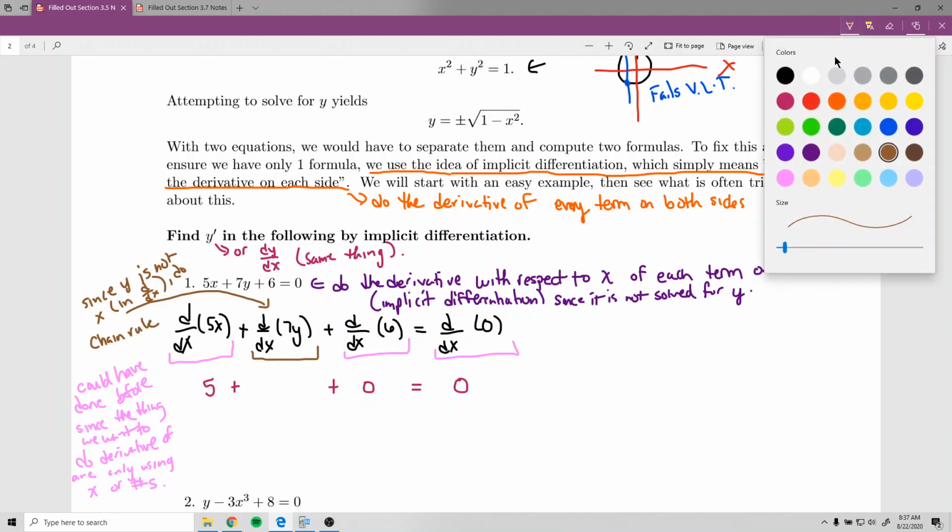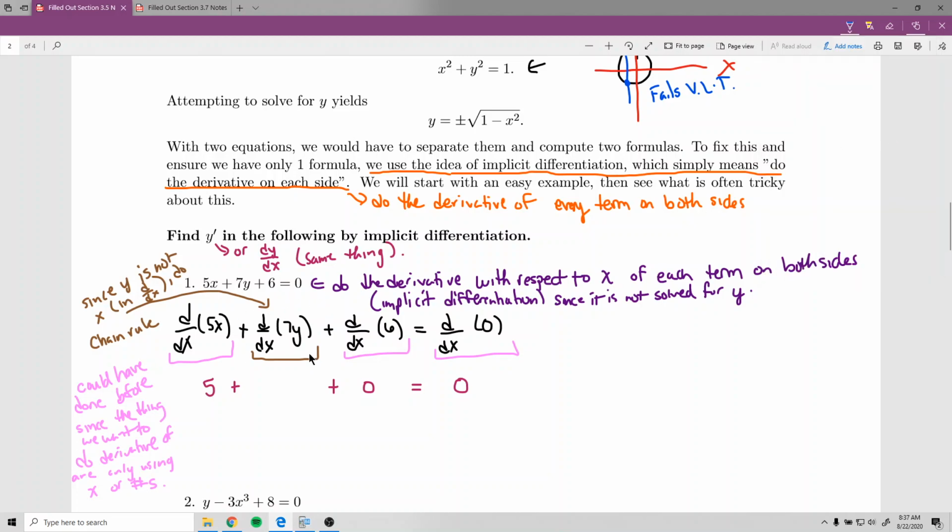Right. So think about the chain rule. What does the chain rule say? The chain rule says do the derivative as if it was x. The derivative of 7x is just 7. So that's our regular rule part.